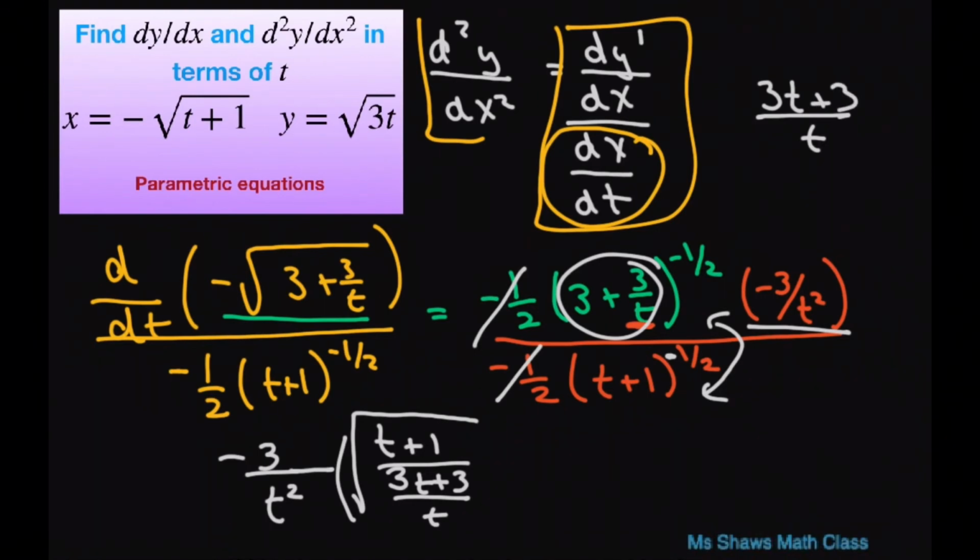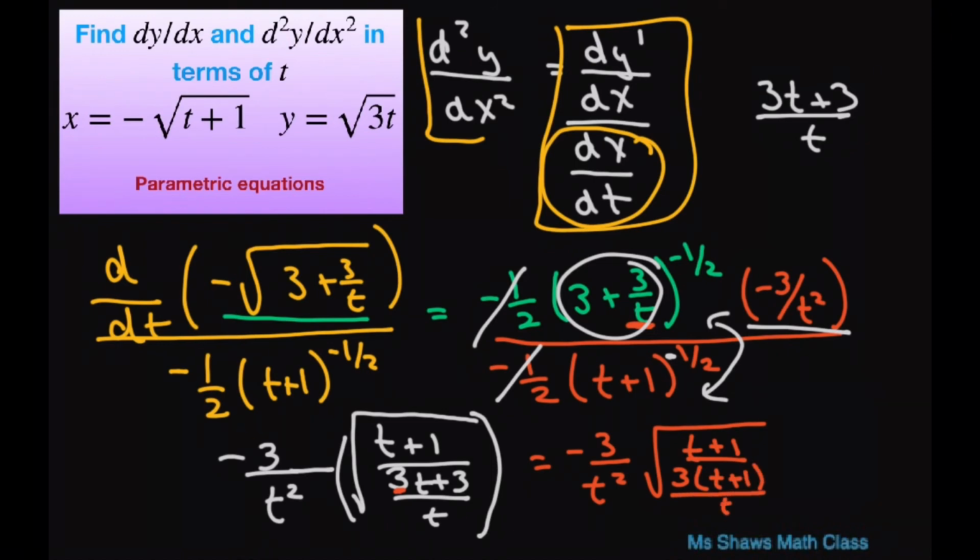All right. Now that I have that, I can rewrite this as negative 3 divided by t squared. Then we have the square root of t plus 1, and let's factor out this 3, and we're going to get t plus 1, still divided by t. So these two cancel out, and this t is going to move up here.